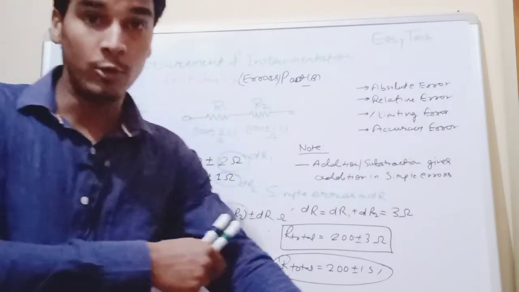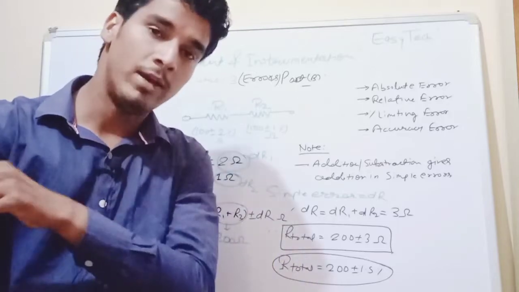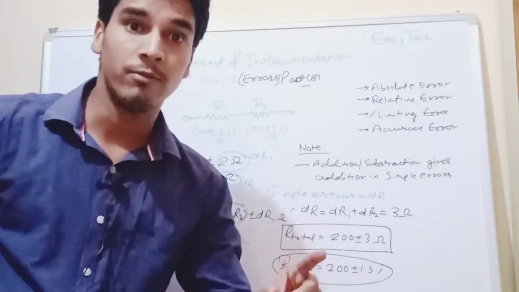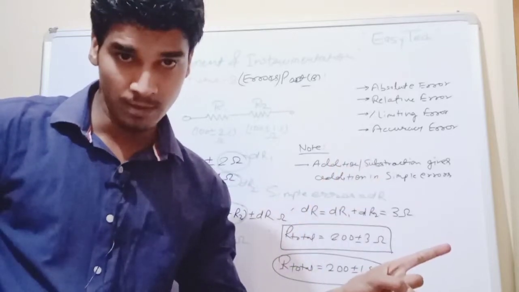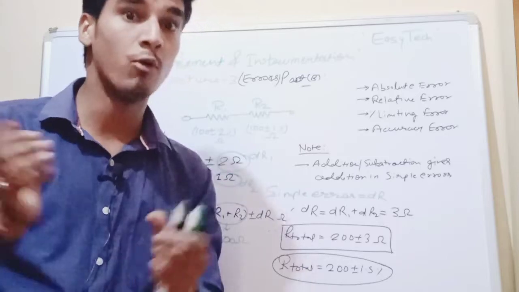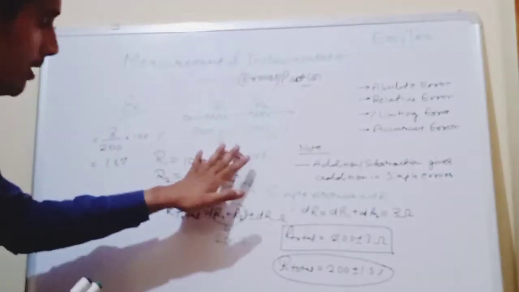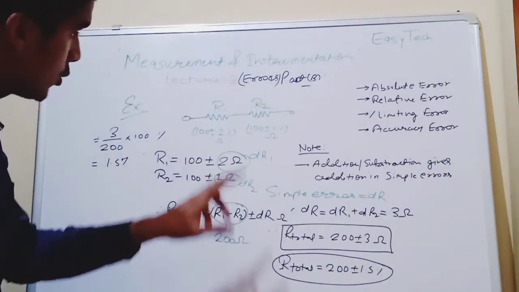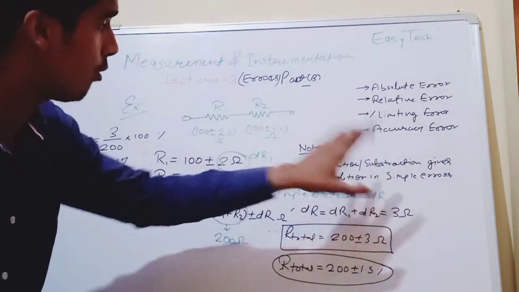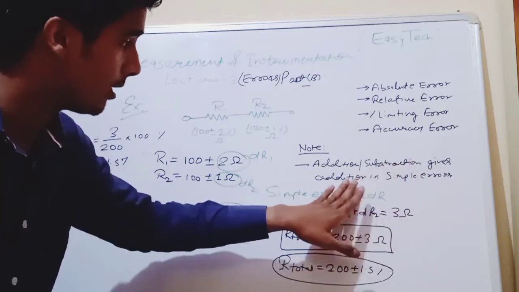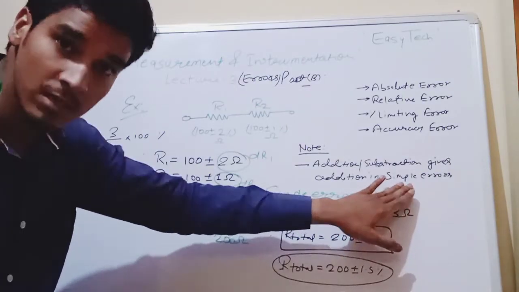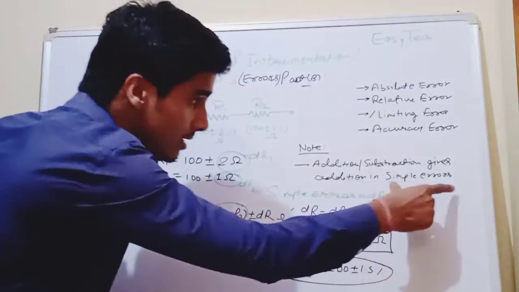Again, let me tell you the concept behind it. Whenever the resistances' true values are given along with their percentage limiting errors, if they are connected in series, you take the addition of the original values, like 100 ohm and 100 ohm, and you are not advised to add percentage limiting errors directly, because addition or subtraction of resistances does not give addition in the percentage limiting error. It gives addition only in simple error.